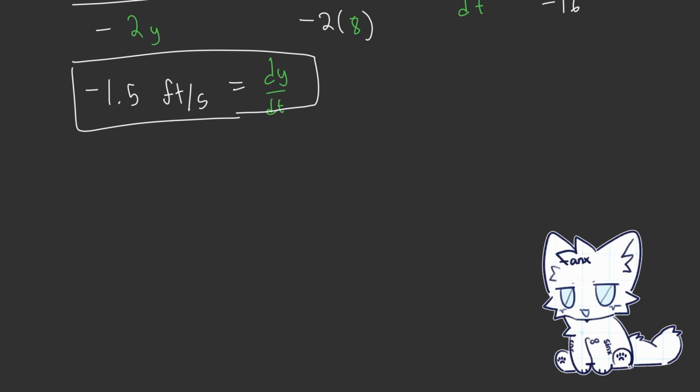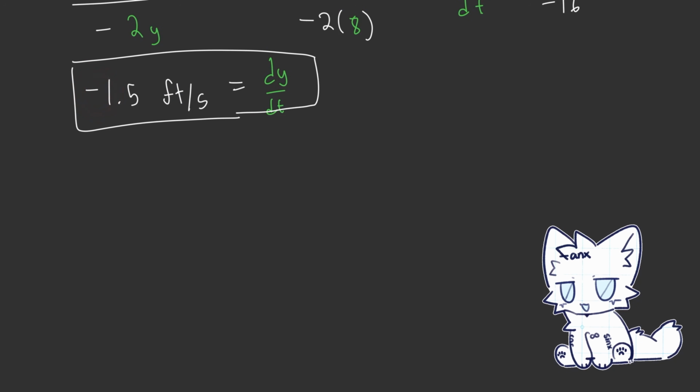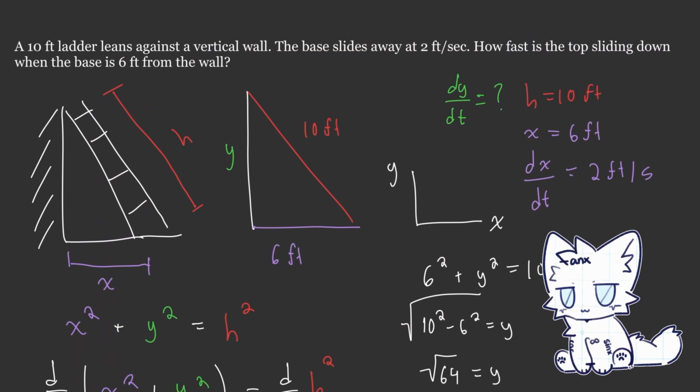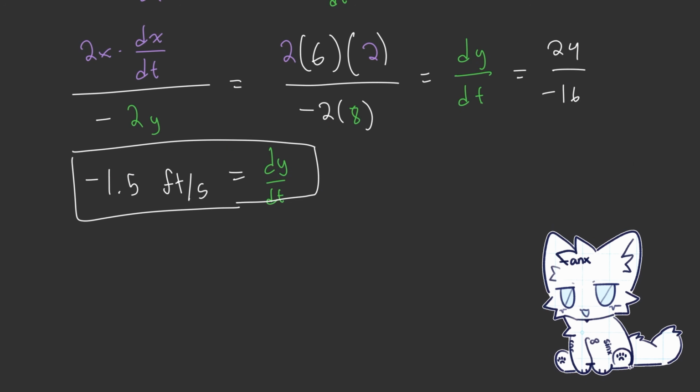This is our final answer, and we know it's correct because it's negative and it's sliding down, and we defined negative as going down. We can make sure that our answer is correct by performing dimensional analysis. So it's just plugging in the units here to make sure they cancel out correctly. So 2x, that would be a unit of feet times feet per second.